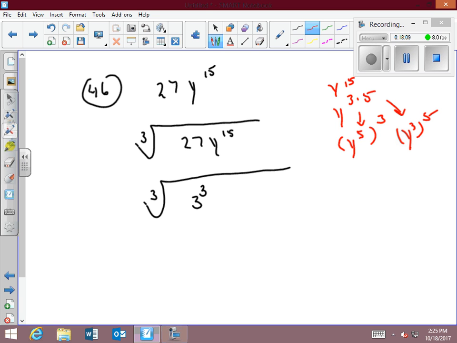Well, which one are you going to want to use when you're doing cubes? The 3rd power of y to the 5th, right? You're going to want to write this in here as y to the 5th to the 3rd power. And then when you take the 3rd root of it, what's the 3rd root going to be? 3y to the 5th. Okay? That's what you're going to have to look at in these problems.